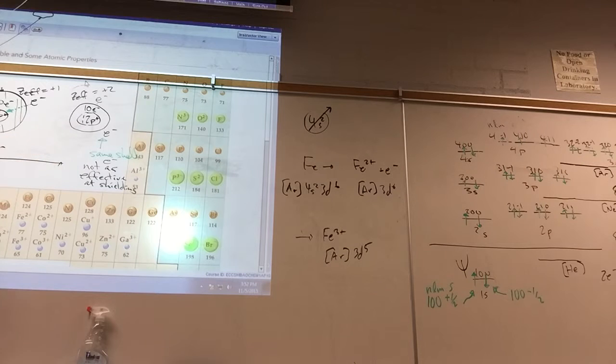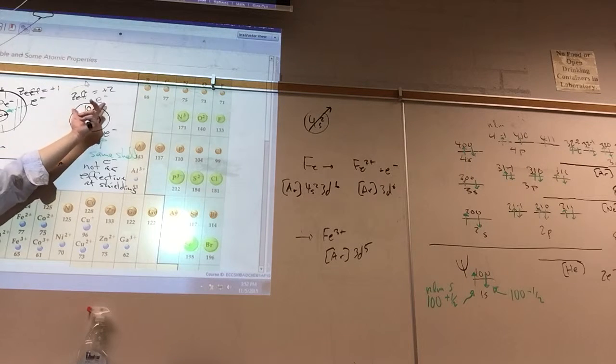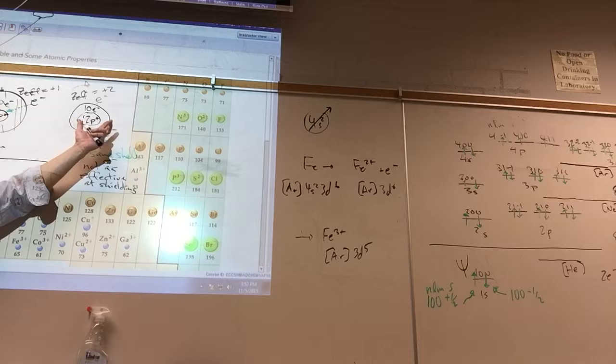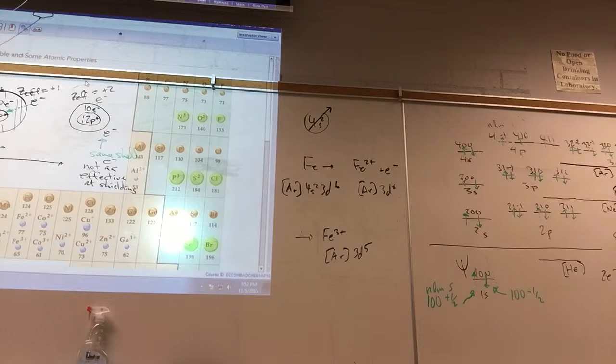And so this explains why magnesium is smaller. Magnesium is smaller because the electrons are going to be pulled in closer to the nucleus. The orbitals are going to be smaller. And so the radius decreases because Z effective increases.